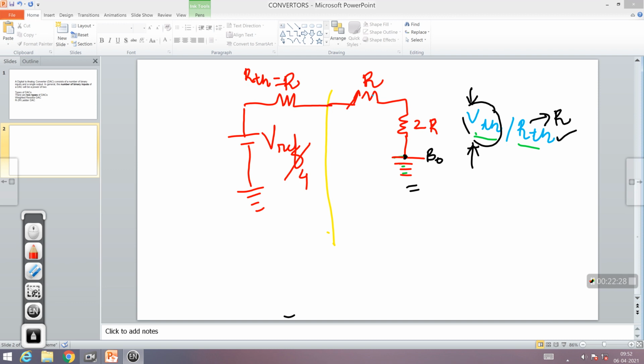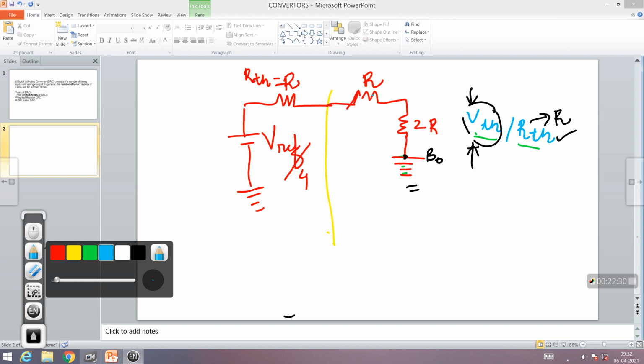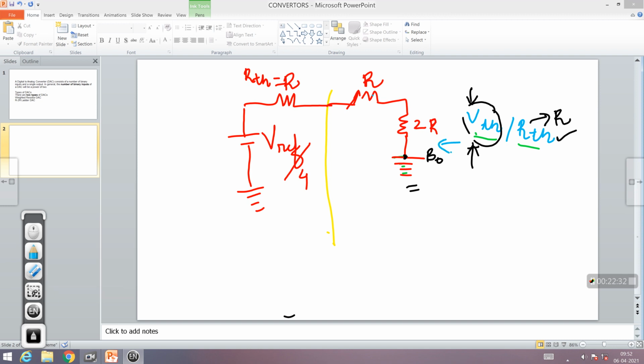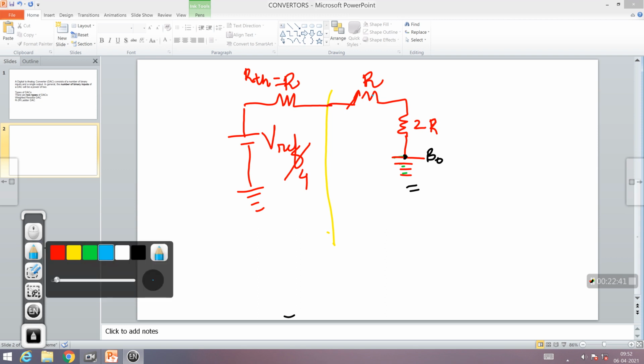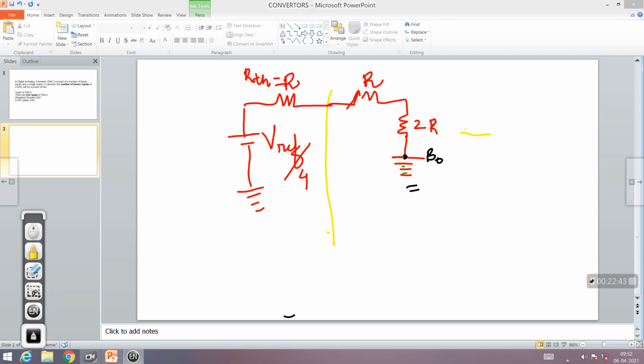Now ultimately you have to find your final VTH experienced at this point, and a final RTH. So how to go about that again? To find your RTH, you will have to make this voltage source 0 and redraw my circuit.